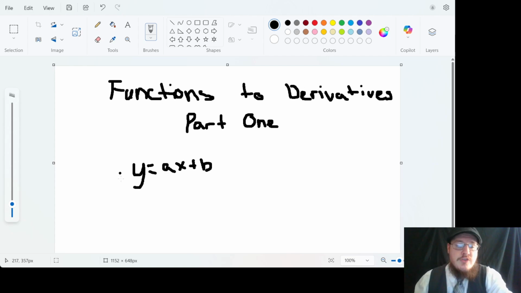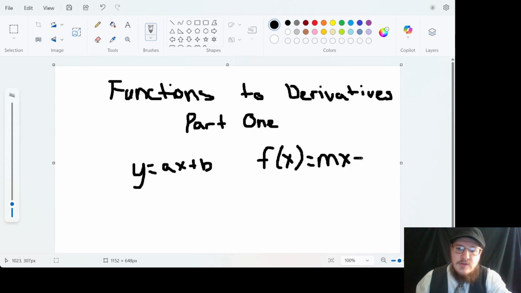Okay? So, where y was the next number and x was the current number, and then we had our two constants here, we're going to write this as f(x) equals mx plus b, okay?